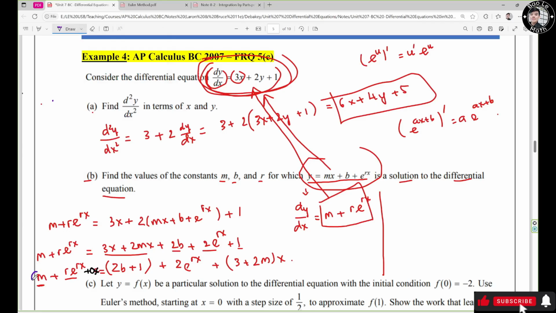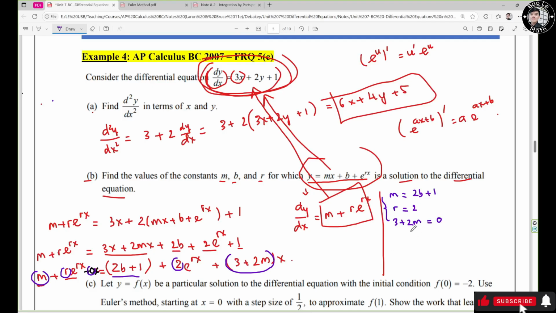The constant terms must be the same, so I have m equals 2b plus 1. For the second one, r and 2 must be the same, so r equals 2. For the last one, 0 and 3 plus 2m must be the same, so I have 3 plus 2m equals 0.